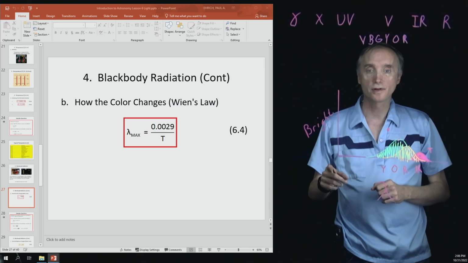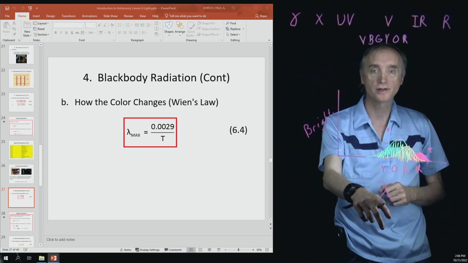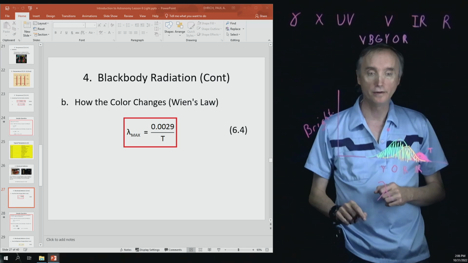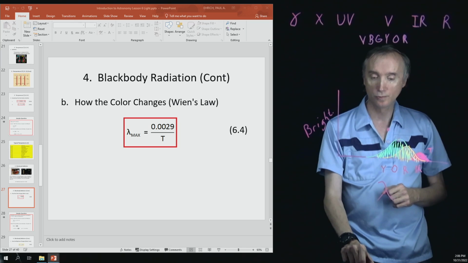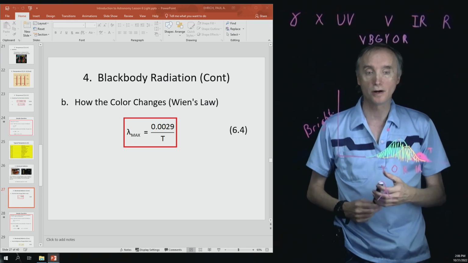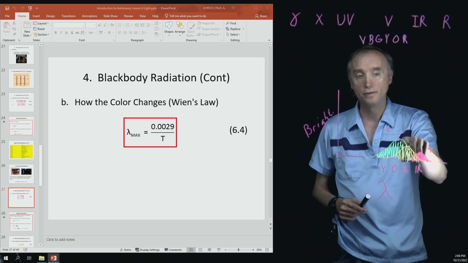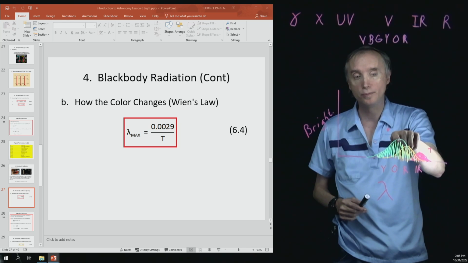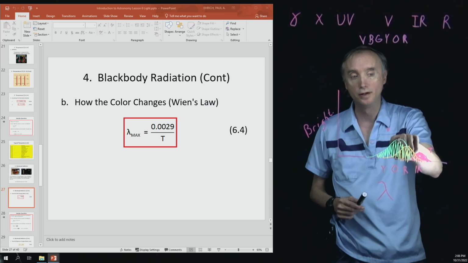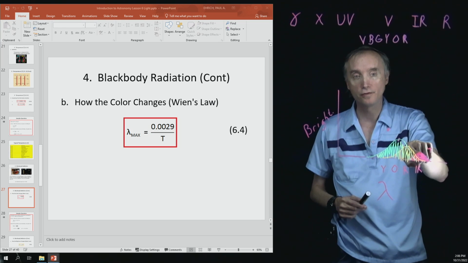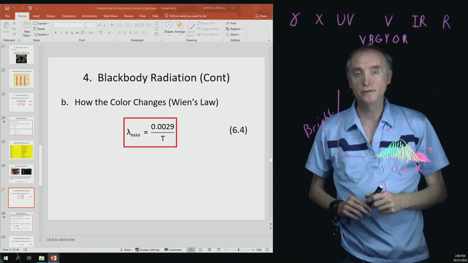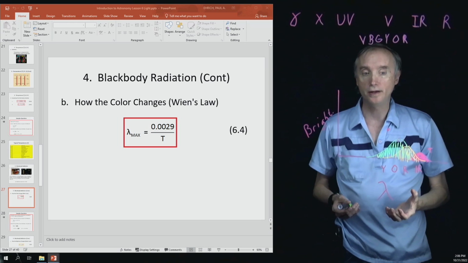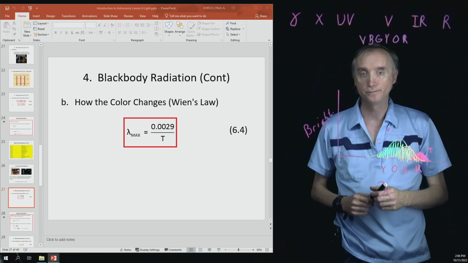Notice the letter for wavelength, but it says maximum wavelength. The maximum wavelength corresponds to where this graph is at its maximum. That would be right here for this one, right here for this one, and right here for this one over here. So it depends on the black body as to where its maximum wavelength is located.